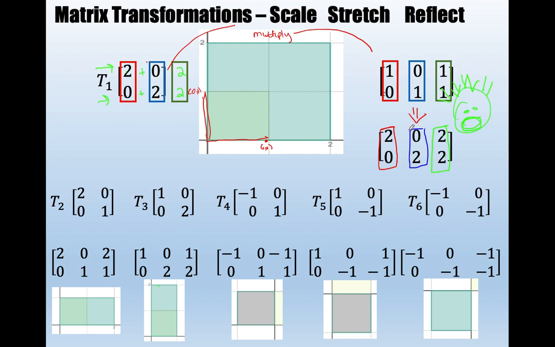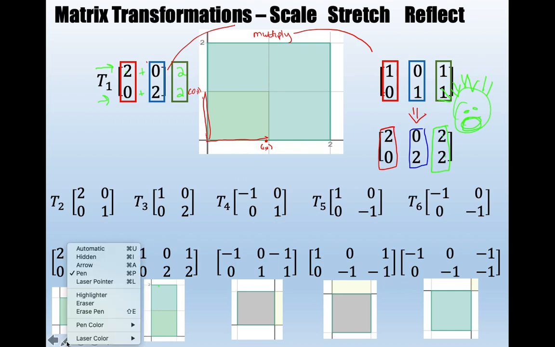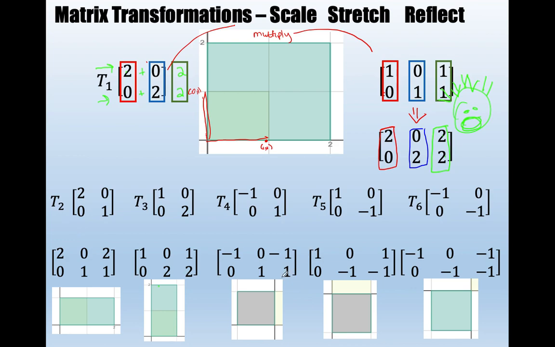Does that pattern hold? Look at what's happening down here. Does that pattern hold with this second transformation? Column 1 became 2, 0, column 2 became 0, 1, and column 3 became 2 plus 0 and 0 plus 1.